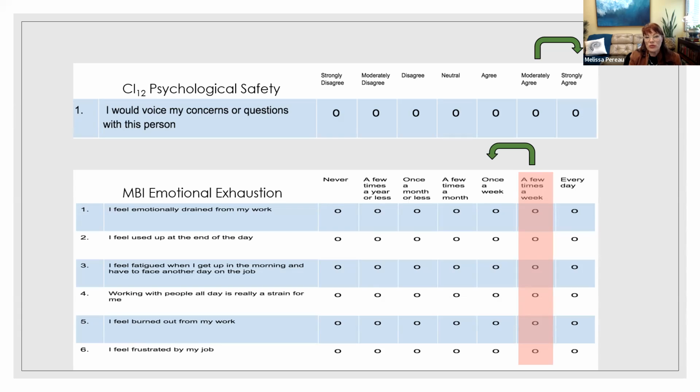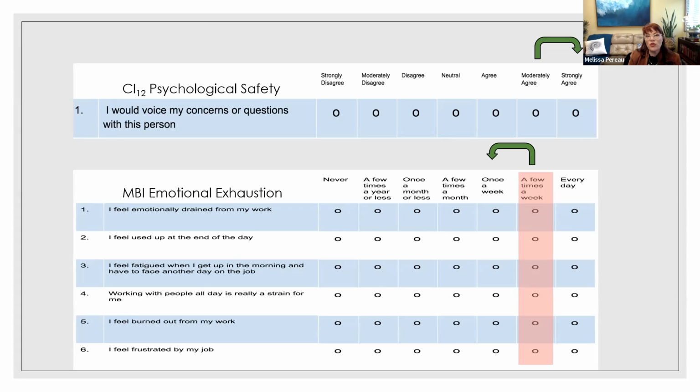And as a program director, as an associate program director, my hope would be whatever the answer is for a given trainee, I would like to figure out, how do I make that come down? How do I make that go from a few times a week to once a week, a few times a month to just once a month? That certainly doesn't eradicate it, but it does address, how do I get this down? And how do I do this in a way that is relevant and has specific ways to do it?